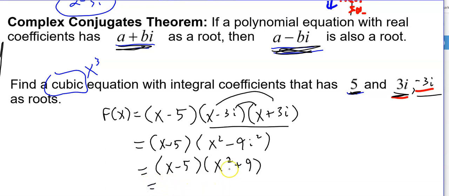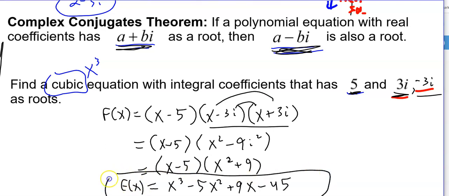Then we're going to FOIL those two things together. So we get x squared times x is x to the third, minus 5x squared, plus 9x, minus 45. So that is a polynomial equation of the function that has those roots.